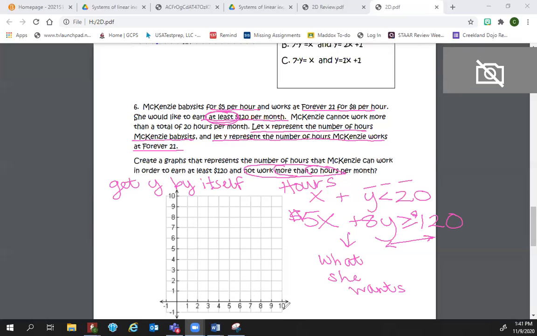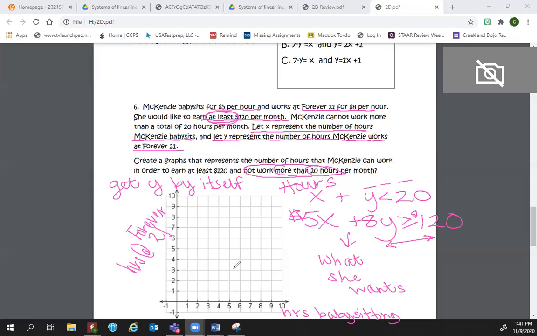Babysitting? So on the bottom, put hours babysitting. What does the Y represent? Hours, where? Hours at Forever 21, right?